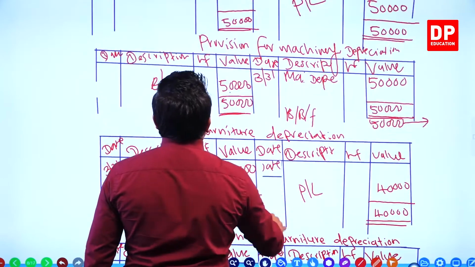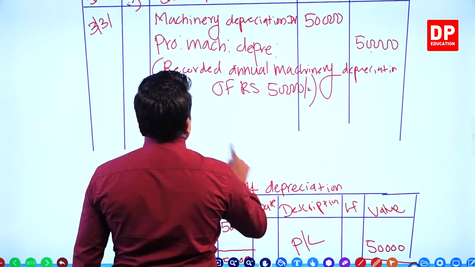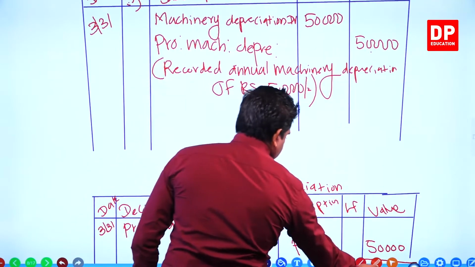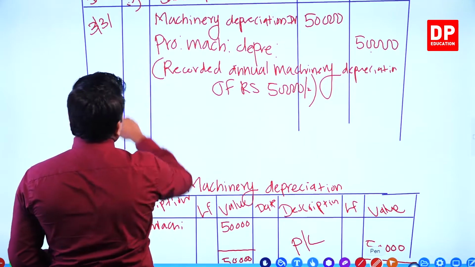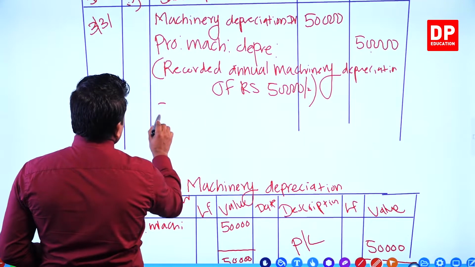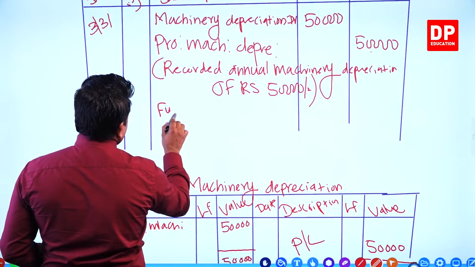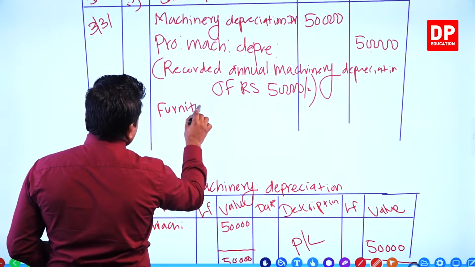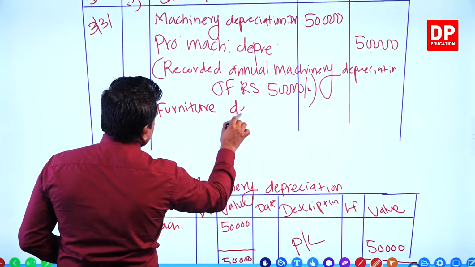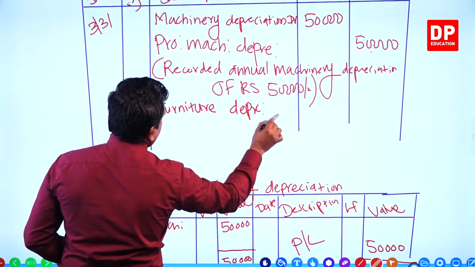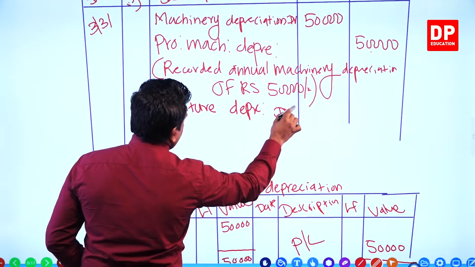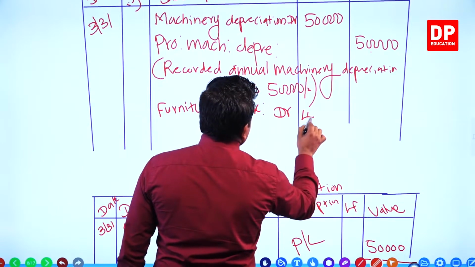Right? General journal, right? How do you say? You write it here. Furniture depreciation, same date, no? Furniture depreciation account. Debit, how much? 40,000.